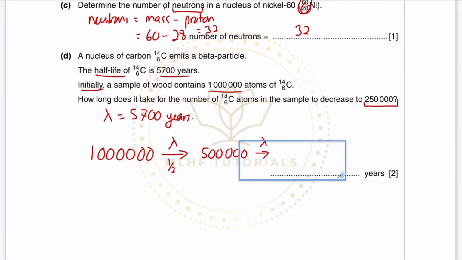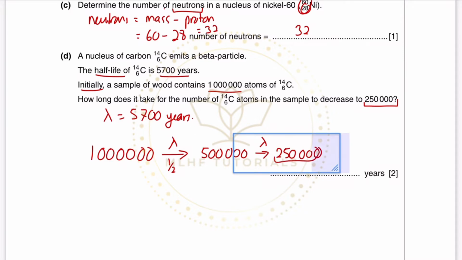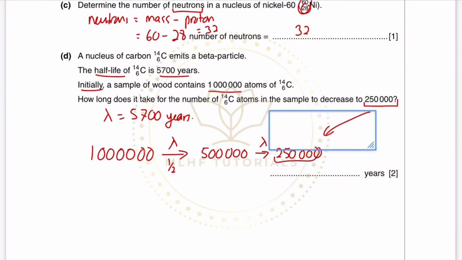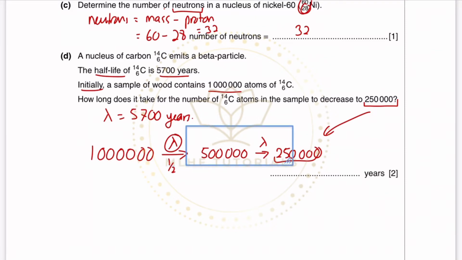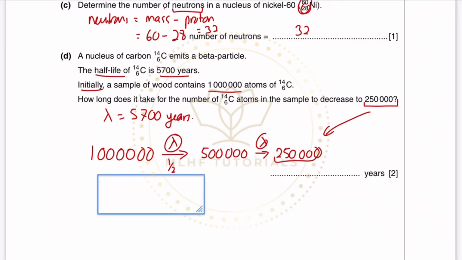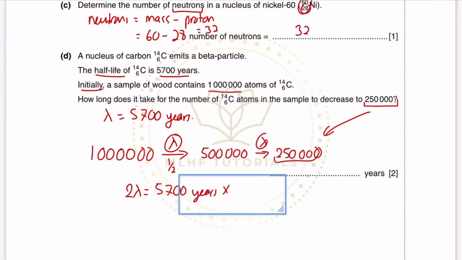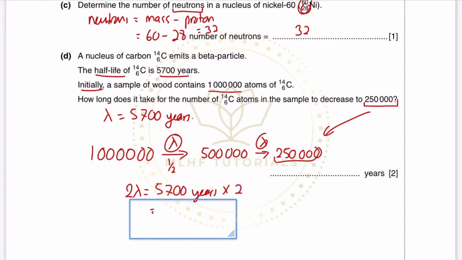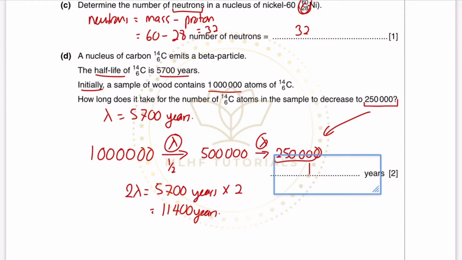So 500,000 divided by 2 will give you 250,000. So it has reached to this number. Now it requires 2 half-life here. So 2 half-life meaning that 5,700 years you have to multiply with 2 to give you 11,400 years. So your answer will be 11,400 years.